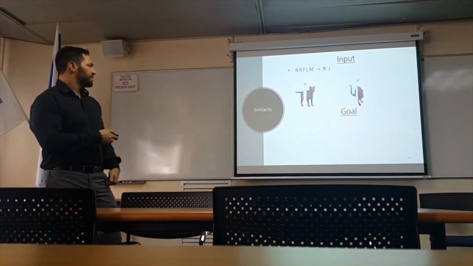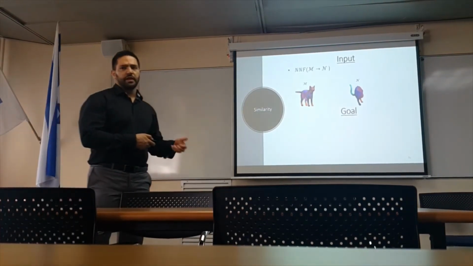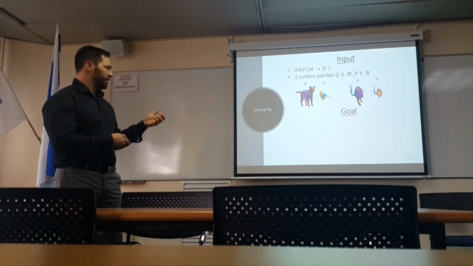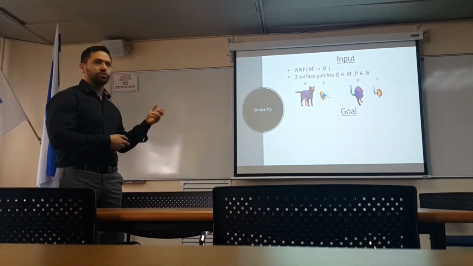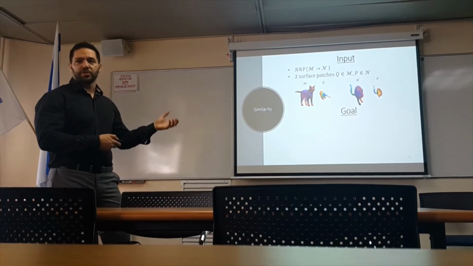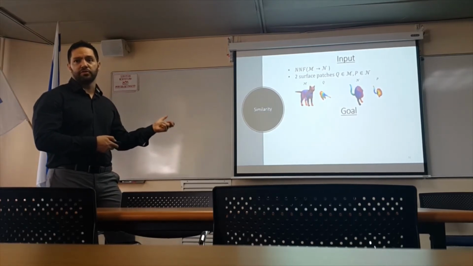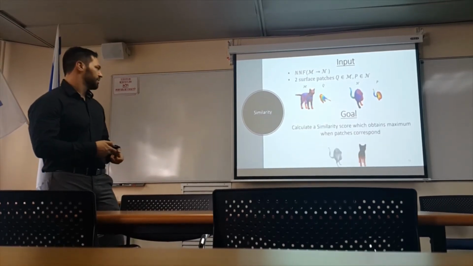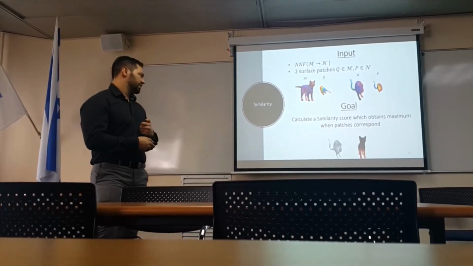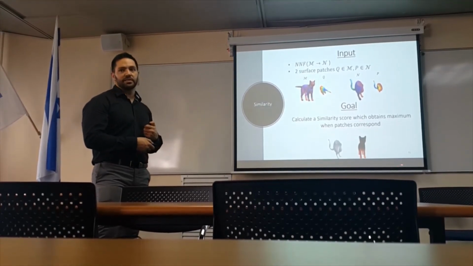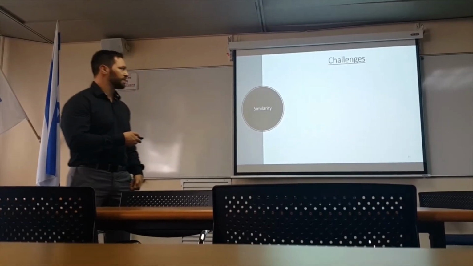And the input we have is the nearest neighbor field and a set of patterns. Here I've only put two on the screen because we show how we calculate the similarity for two surfaces. And we want to calculate the similarity score which maximizes for correct correspondence.